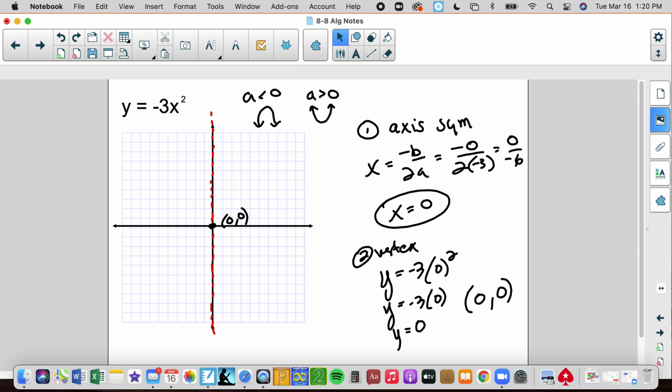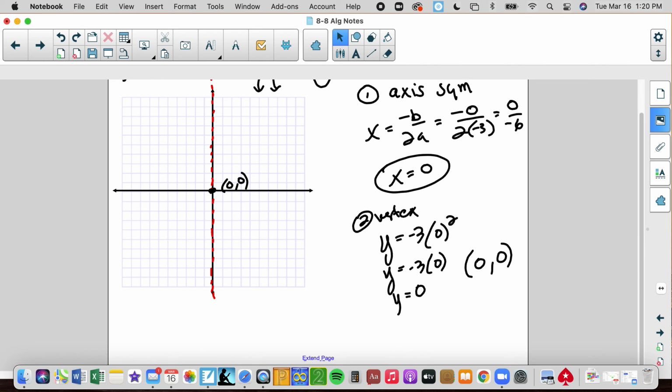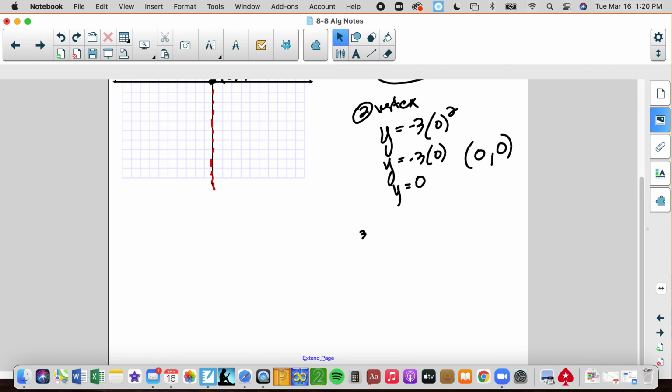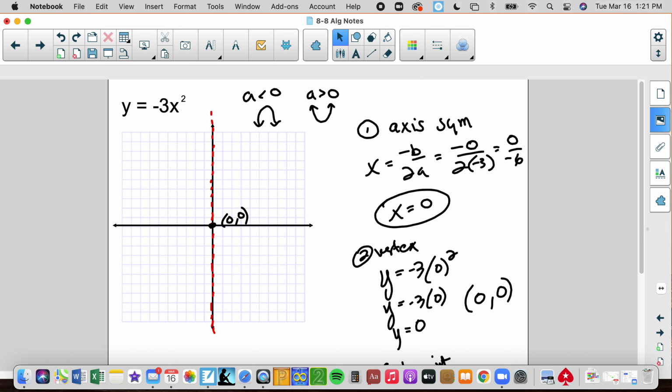Okay, that's great. And you'll see the bummer about it, because step 3 is find the y-intercept. Remember, the y-intercept is my constant. So my a value is -3, my b value is 0, and my c value is 0. And this is my y-intercept. So my y-intercept is 0. What's a bummer is that's also the vertex, so I didn't get another point.